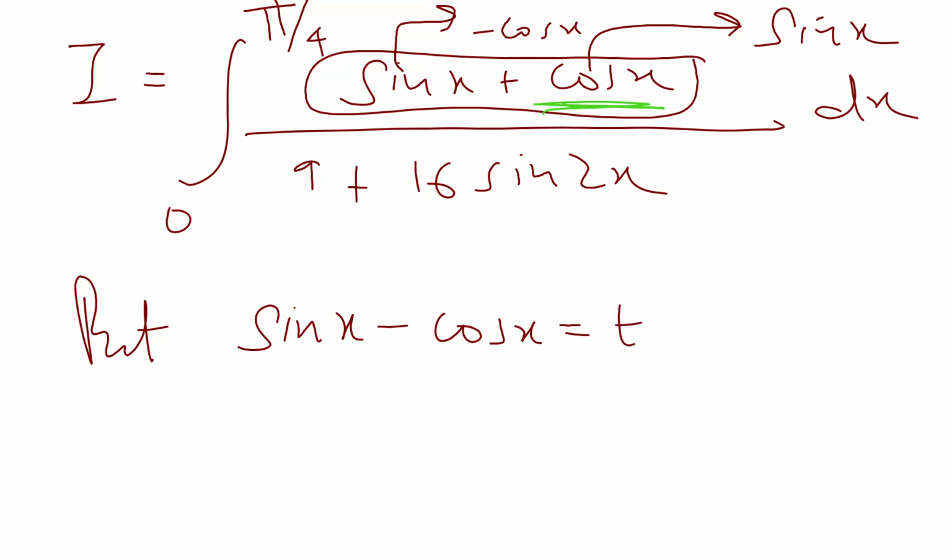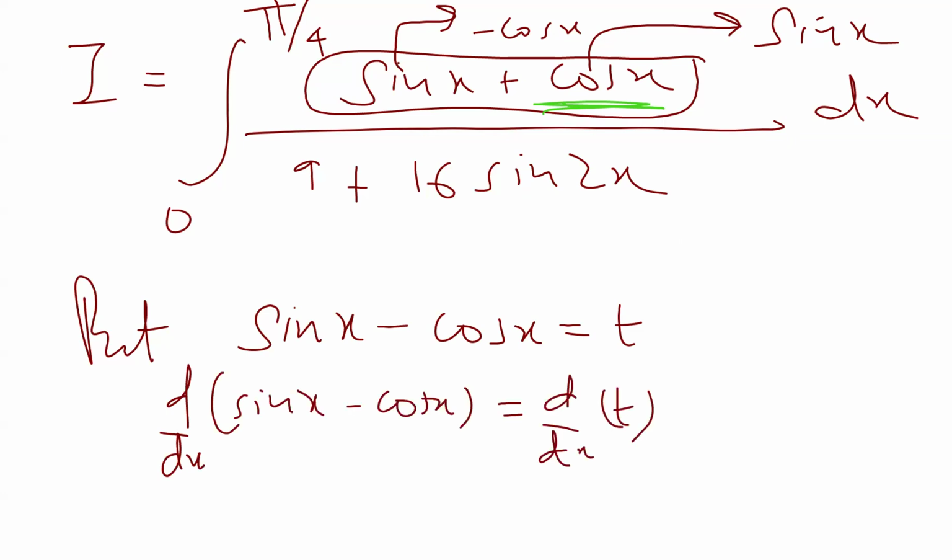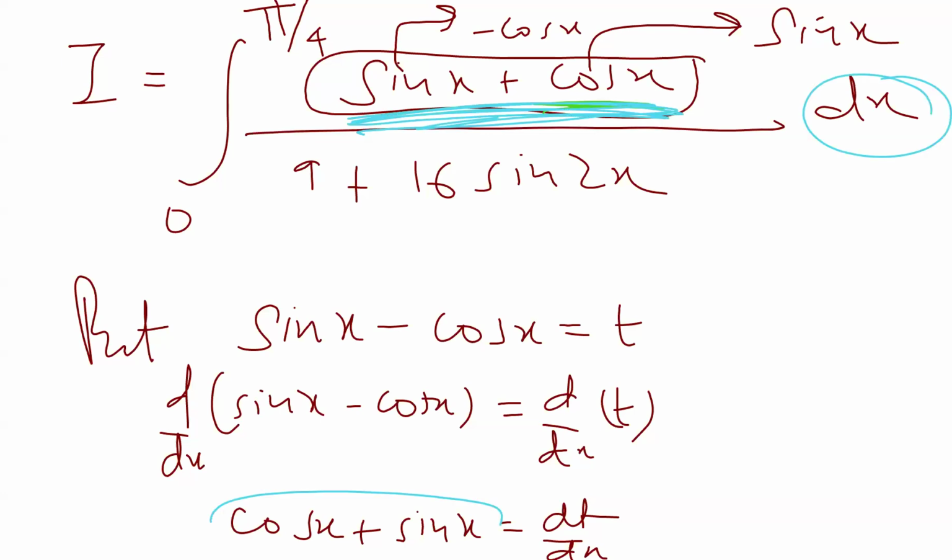Okay. So d by dx of sin x minus cos x is d by dx of t. Fine. So sin x gives cos x and minus cos x gives plus sin x, equal to dt by dx. Now we got our numerator: sin x plus cos x dx.